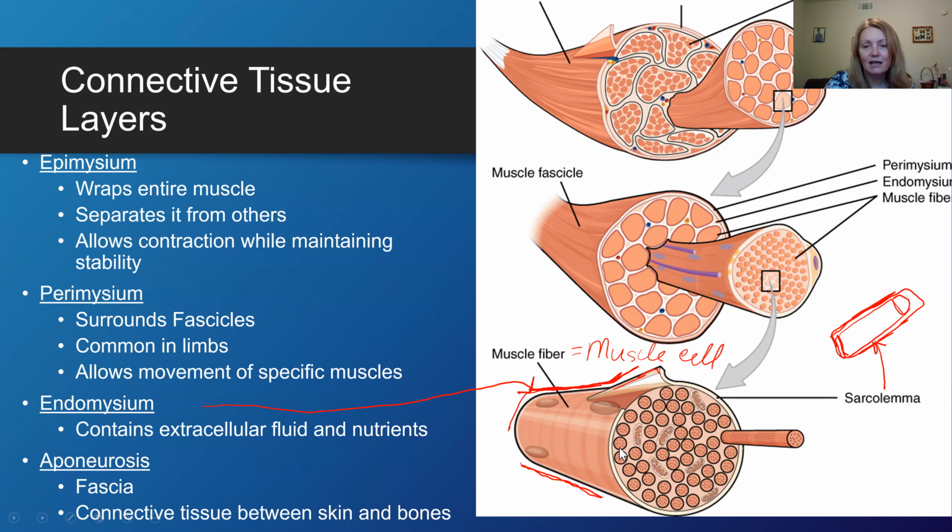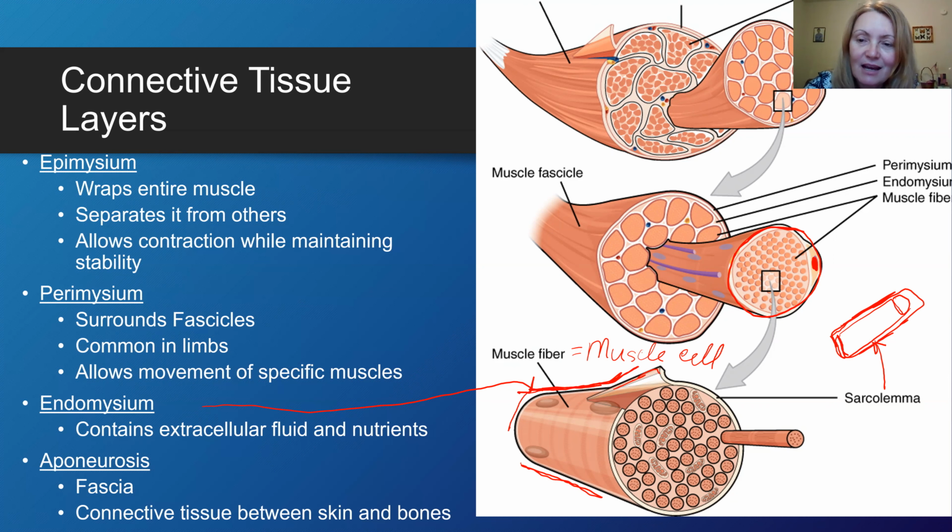Now, individual cells form a bundle of cells. And this bundle of cells is called a muscle fascicle, right? So we have individual cells inside the fascicle. So this is an individual cell, and you know it's an individual cell because that's a nucleus over here.